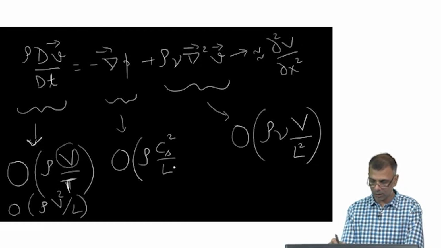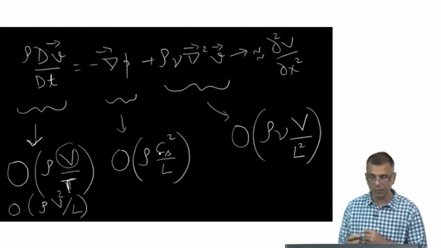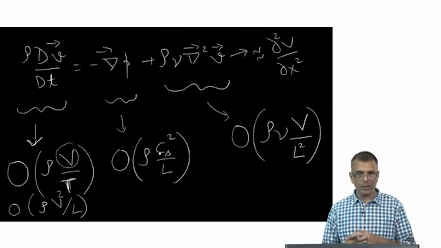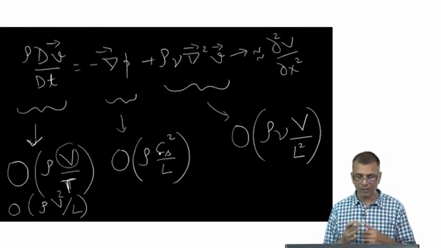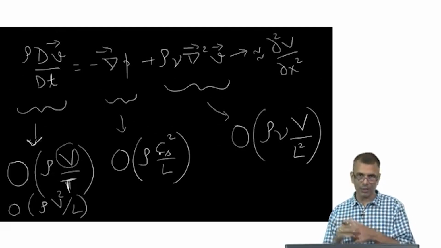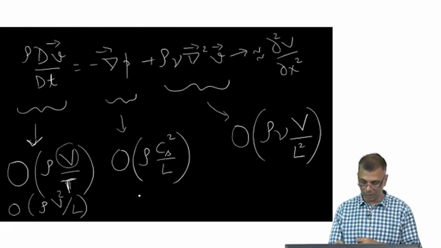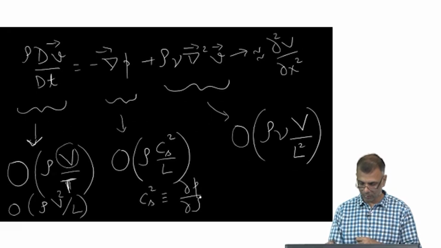I am introducing a new term, c_s squared, which is the speed of sound. This is something central in fluid dynamics, and we will discuss it in some detail a little later. But as of now, I'm sure you've come across this definition: the speed of sound is dp/d rho, and that's a speed.